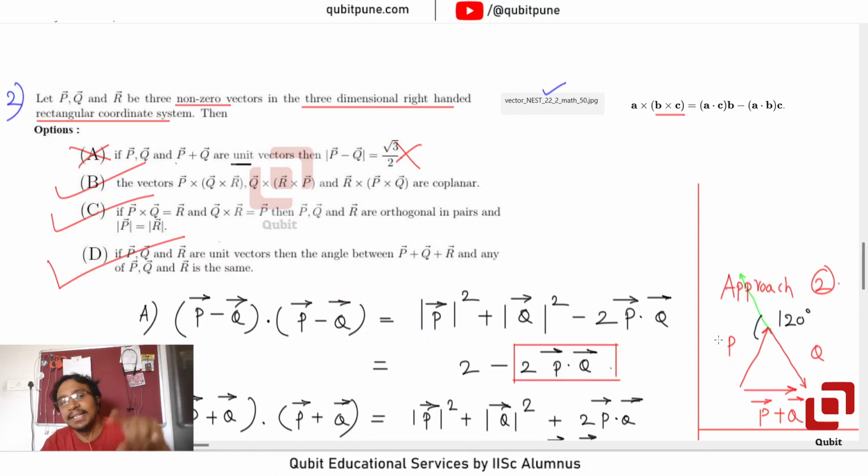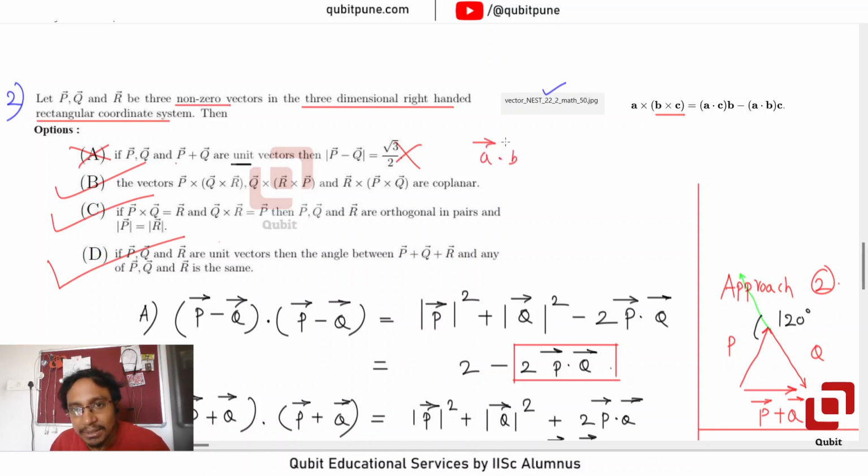Each option was an independent question in itself, because in option A they said P, Q, P plus Q unit vectors, but for B they haven't mentioned that. So if P, Q and P plus Q are unit vectors, then we began thinking in that way, and the most common property that we use for finding the magnitudes is using the dot product.